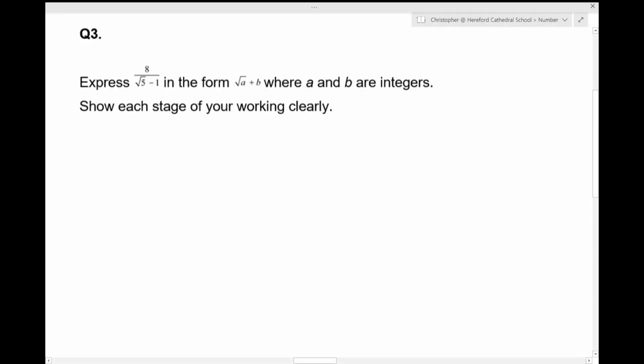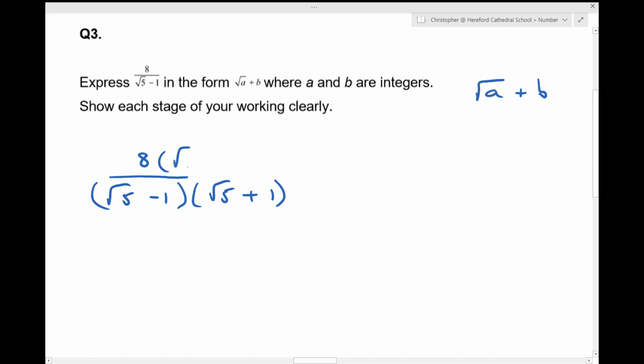Question 3. Express that fraction in the form root a plus b, where a and b are integers. Well, let's start by taking our original fraction and rationalising the denominator. So I'm going to multiply top and bottom by root 5 plus 1.